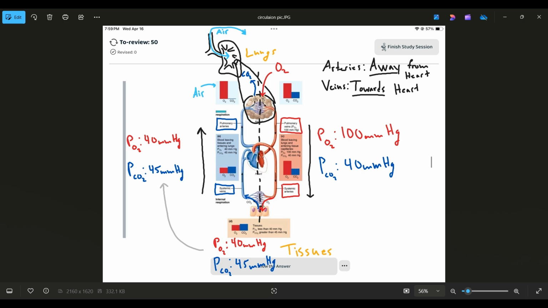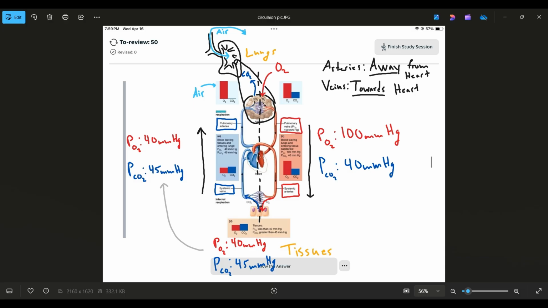So it'll be in equilibrium with the pressure of CO2 in the tissues. That's why we have 45 here too. Basically, the 40 and the 45 that we see over here is exactly the same as what we see here, because the partial pressures of the gases in the blood are becoming in equilibrium with the partial pressures of the gases in the tissues.